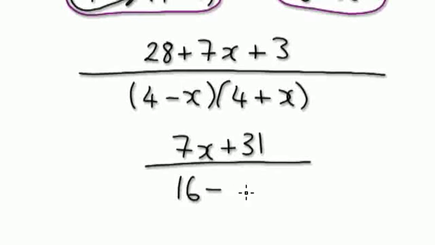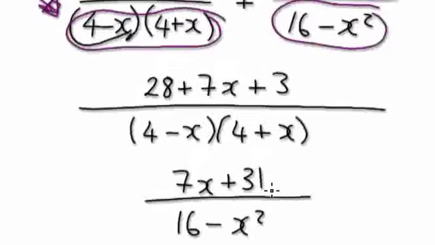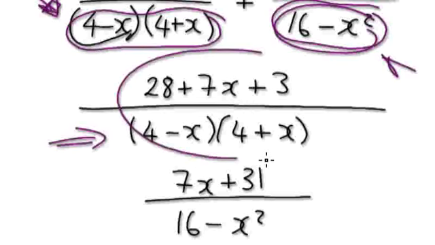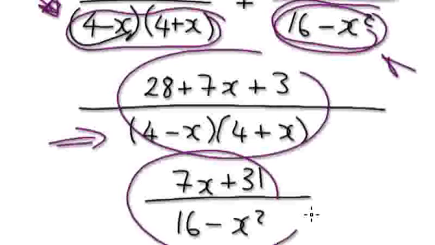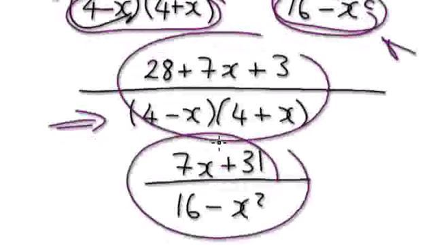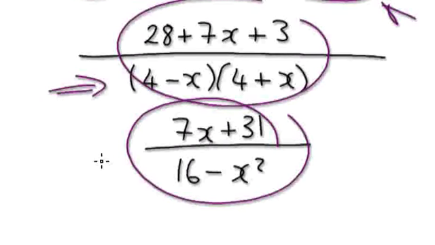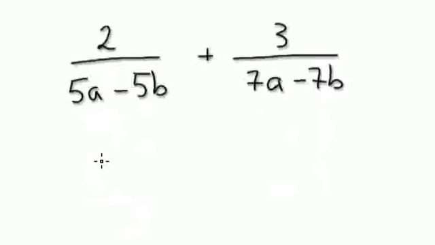Well, let's just leave it as 16 minus x squared. Remember that this is exactly the same as this, so you can put it as this, or basically this can simplify to this. Okay, and then have a quick glance to see if you can simplify any further. I don't think you can. So that would be our final answer.